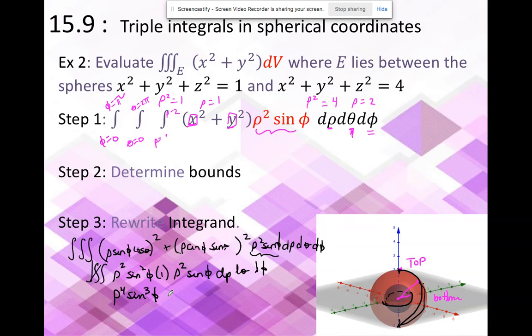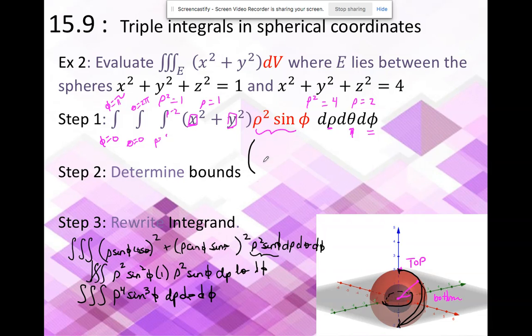So I wanted to do this one because integrating sine cubed is going to take an identity that I don't expect you to know. I had to look it up as well. But again, with limits that are all constant and an integrand that is a product, I actually did 3 integrals.